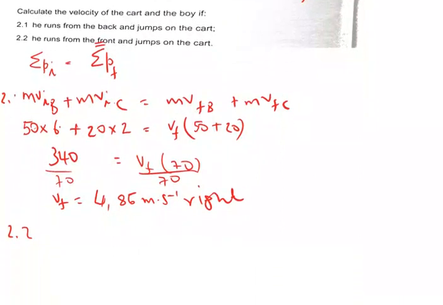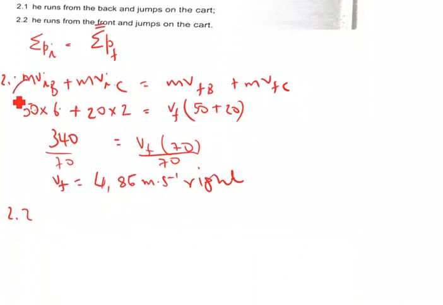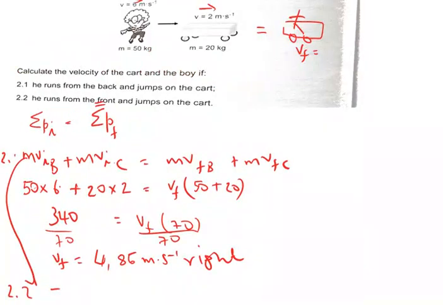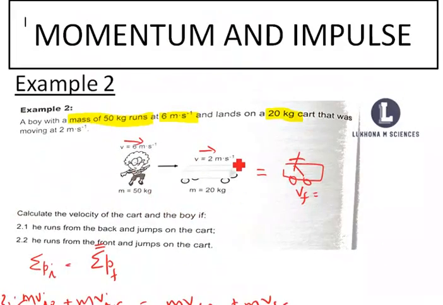So I will just substitute from here. The mass of the boy is 50. Now if the boy is moving from the front, which means he is jumping in this direction with that 6 meters per second. Since the direction is not the same, this one will be negative now.